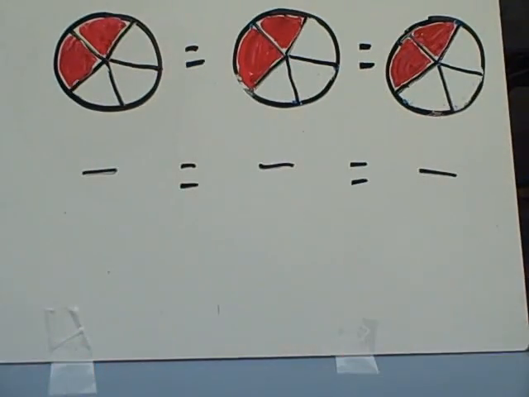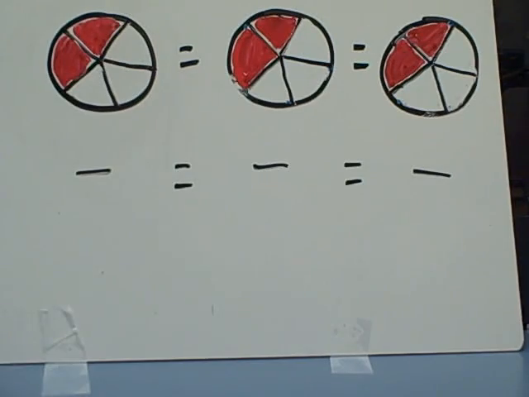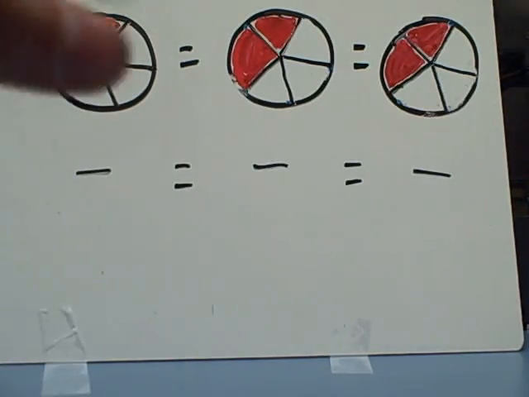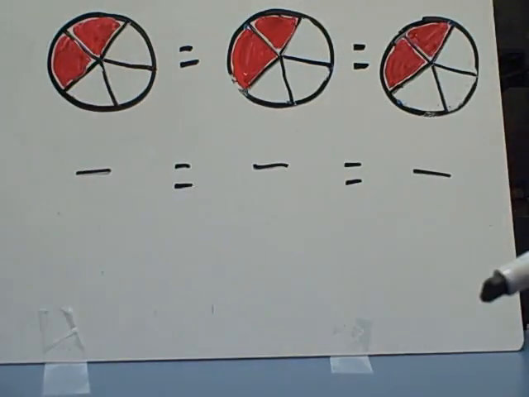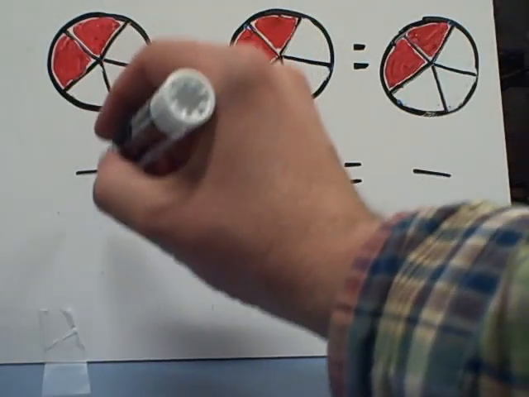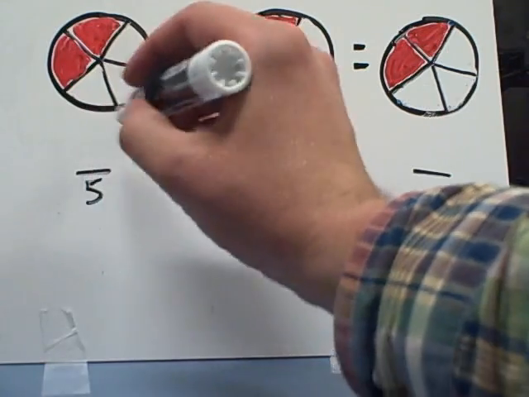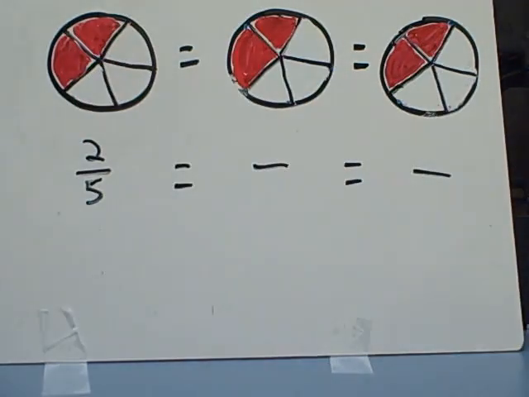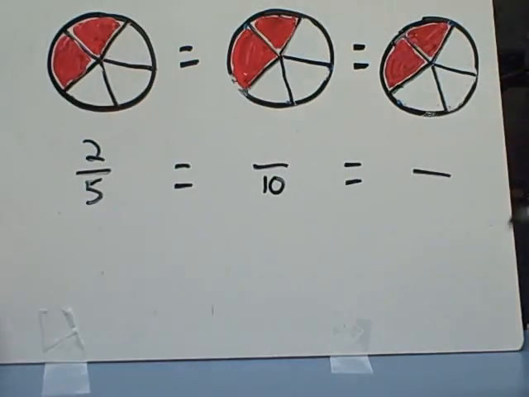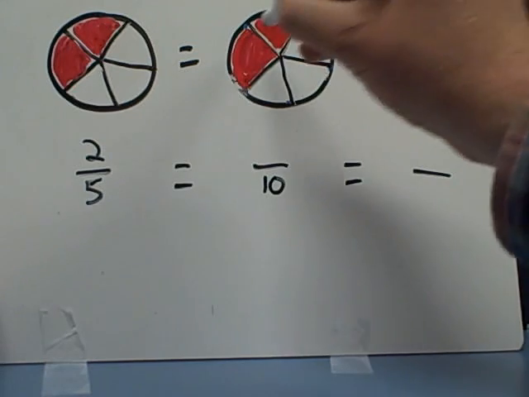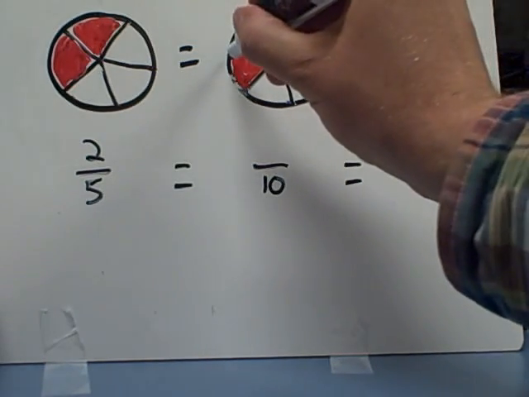Take a look at what we have here. These pieces are 1 out of 5 or 1/5, and I've got 2 shaded in, so that would be 2/5. Now I'm going to make an equivalent fraction, but instead of 5 equal parts, I'm going to switch to 10 equal parts by splitting each piece up into 2.